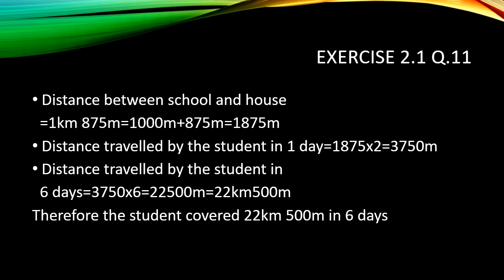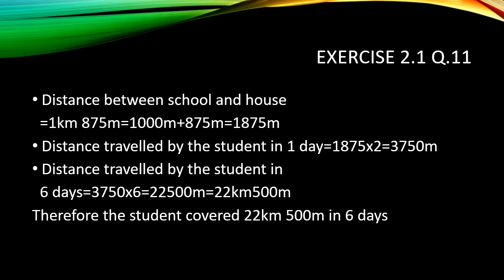Question number 11. The distance between the school and a student's house is 1 km 875 meter. Every day she walks both ways. Find the total distance covered by her in 6 days. Distance between school and house is 1 km 875 meter, that is 1875 meter.